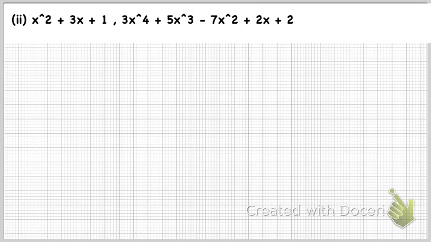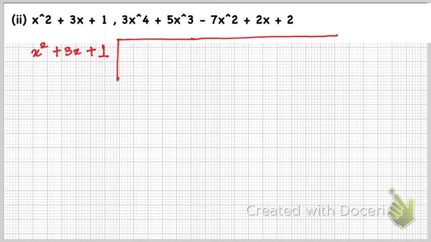Here also you have been given two polynomials and you have to proceed in the same manner. Writing the first polynomial, that is x square plus 3x plus 1, putting the division sign, and then writing the second polynomial p(x).